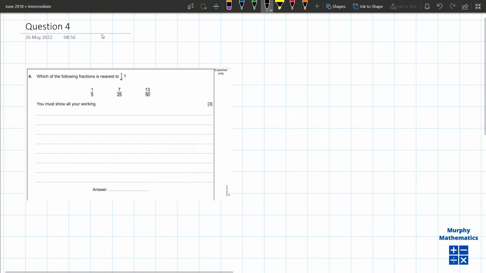We're asked which of the following fractions is nearest to 1/4. We've got 1/5, 7/25, and 13/50.